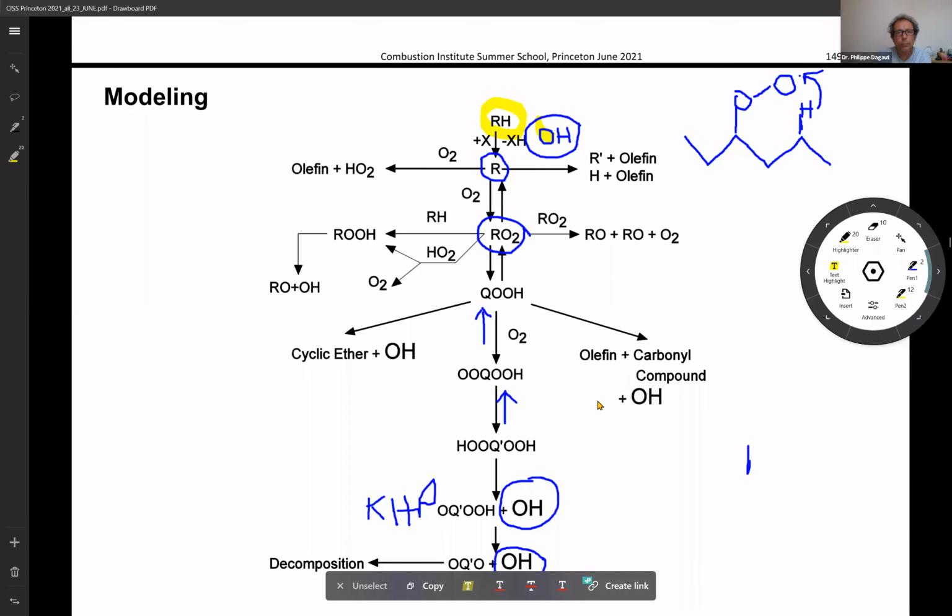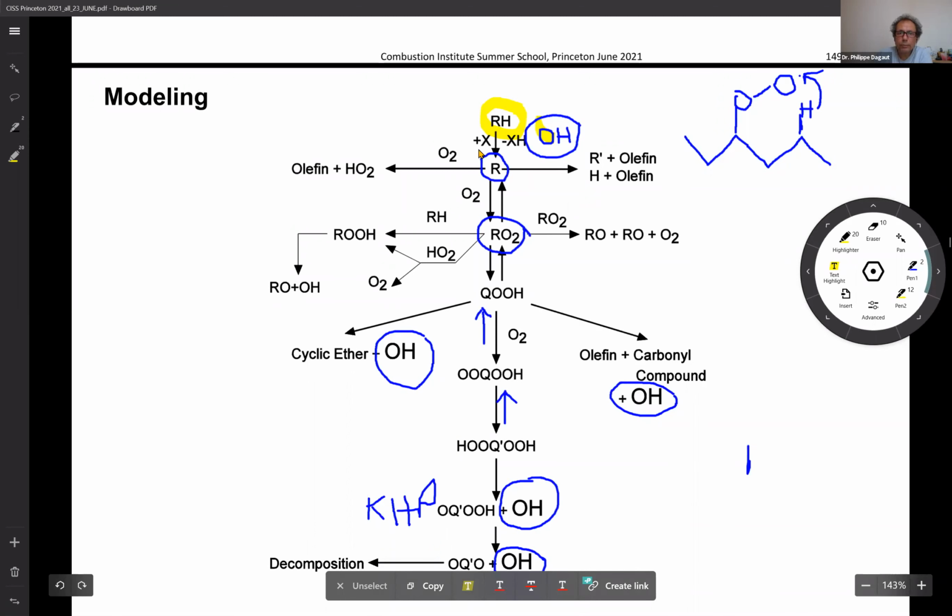At higher temperatures still, this almost totally disappears, and the formation of RO2 is getting less and less important. And then you have two channels which are getting important. Reaction of the alkyl radical with O2 reacts by H atom abstraction, so O2 abstracts an H atom here, and then it will produce an olefin and HO2.